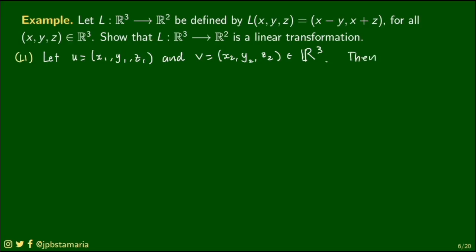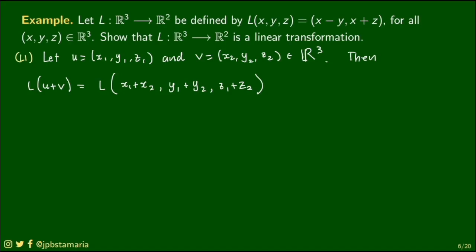Then we look at L of u plus v. In this case, u plus v is going to be (x1 plus x2, y1 plus y2, z1 plus z2). This is the definition of vector addition inside R3.